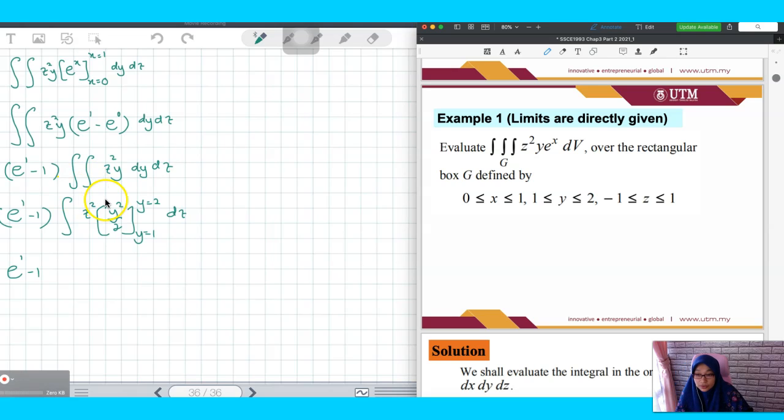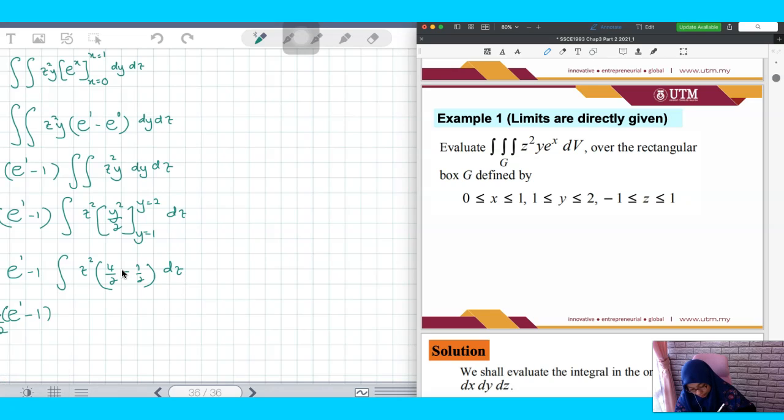Again, when you substitute, you will get z squared times (4 over 2 minus 1 over 2). Again, this gives you a constant, so I can just take it out. We get 3 over 2, so 3 over 2 z squared dz.